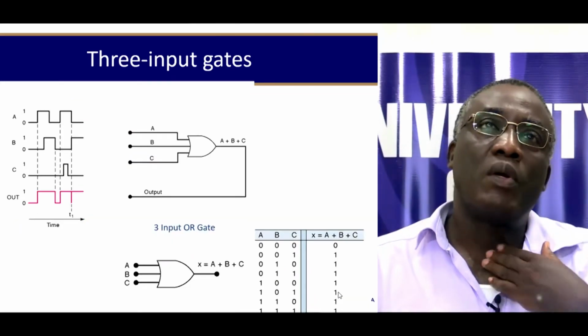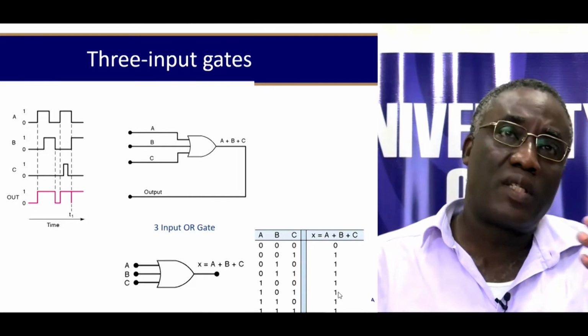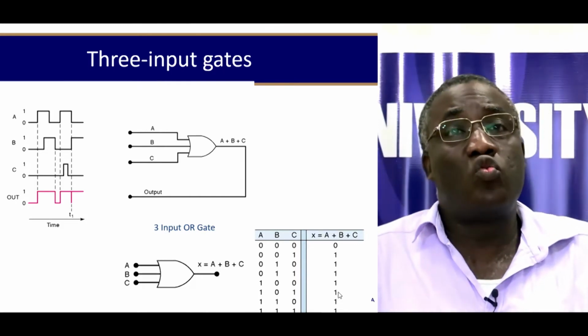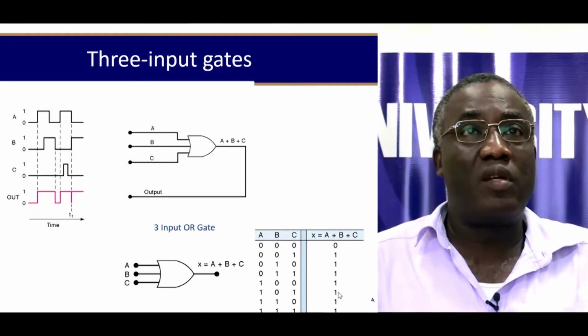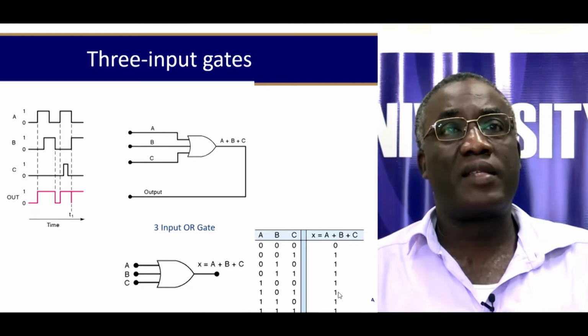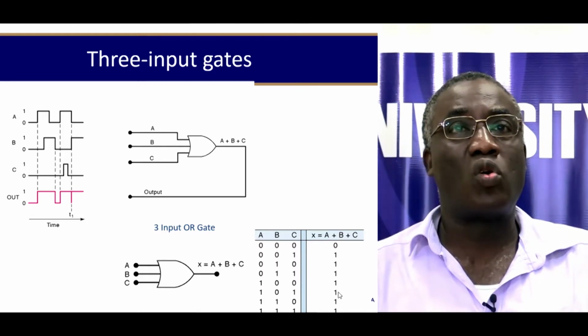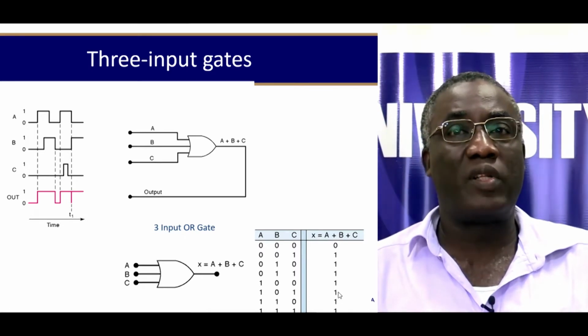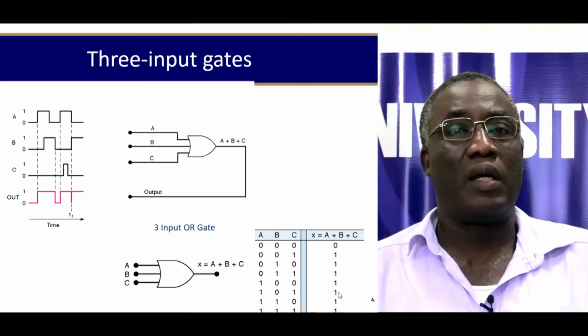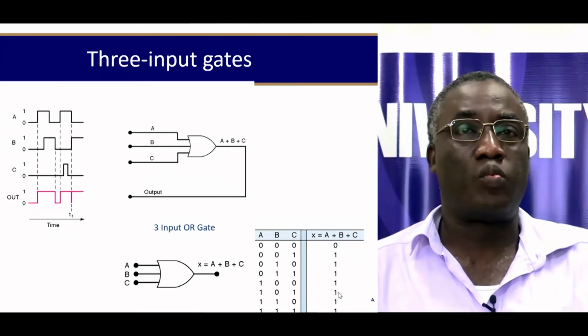Now, the logic gates you've seen so far have all been 2 inputs, but you can have more than 2 inputs. You can have 3 inputs, 4 inputs, and so on. So an example of a 3-input OR gate is shown. Again, you can do the truth table for that, where you have A, B, and C as the inputs, and you can then work out the outputs.